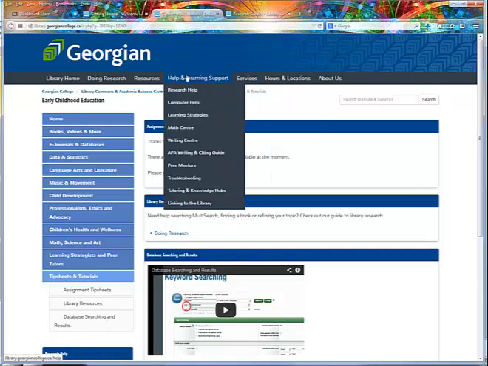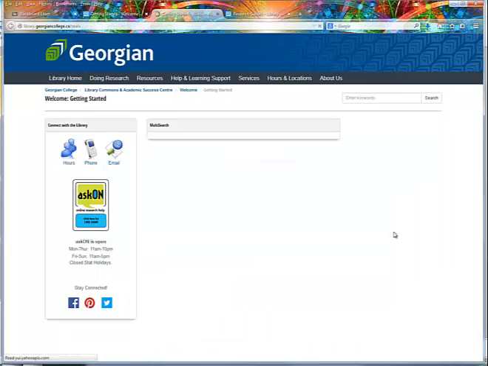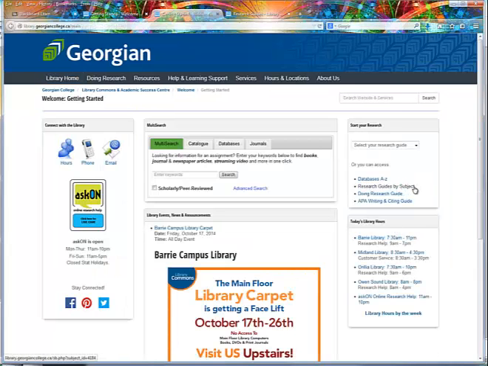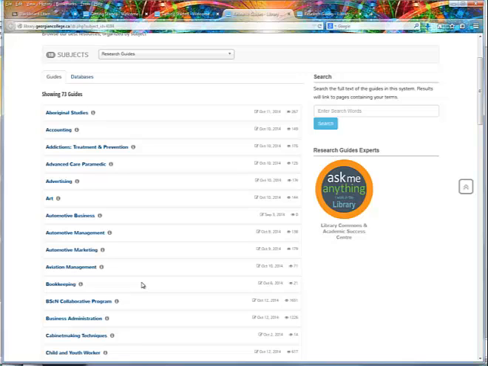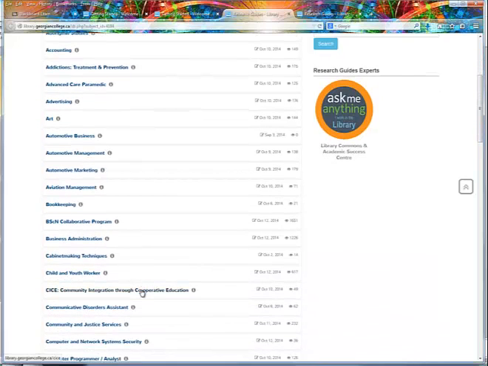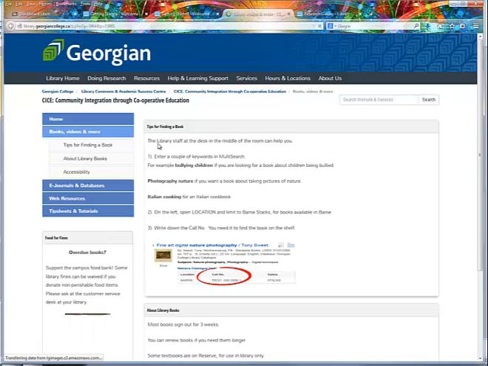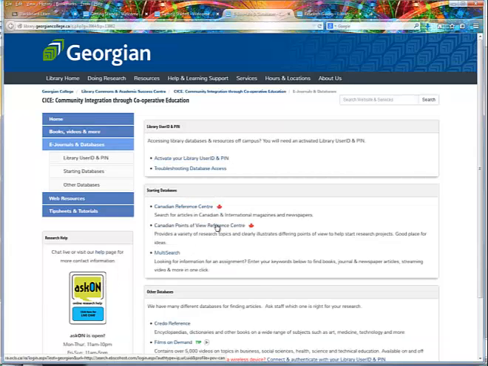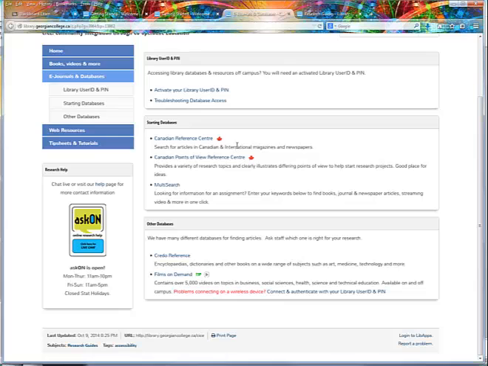I would suggest going to the library home, and then over to research guides by subject, and then you can see your own subject there. And because they're all done by different librarians, they may look a little bit different. So this one's broken down by the books, journals, and again, this is resources that you could embed into your Blackboard shell for your students, so they know where they can find information on different databases within your program area.